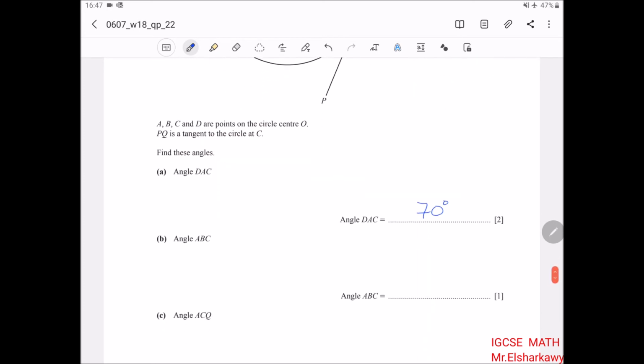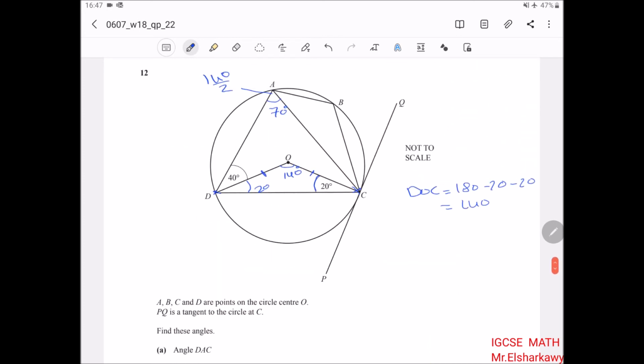Part B, find angle ABC. Angle ABC is this one. We can see that the shape ABCD is a cyclic quadrilateral as all its corners touch the circle, the A, B, C, and D. So this is a cyclic quadrilateral. So the opposite angles in a cyclic quadrilateral add up to 180 degrees.